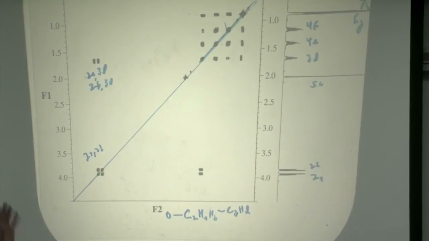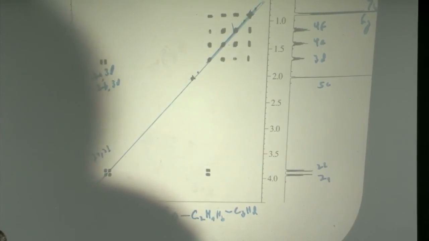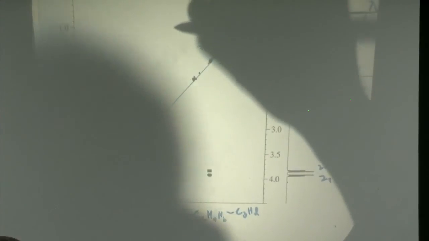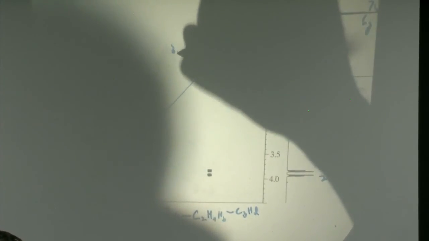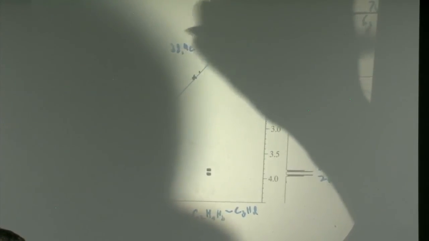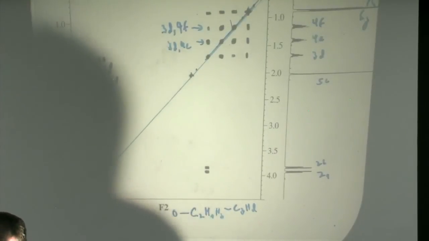And I'm just going to continue to read my spectrum. So we go over here, and we say, oh, here we get 3D cross 4E and 3D cross 4F.